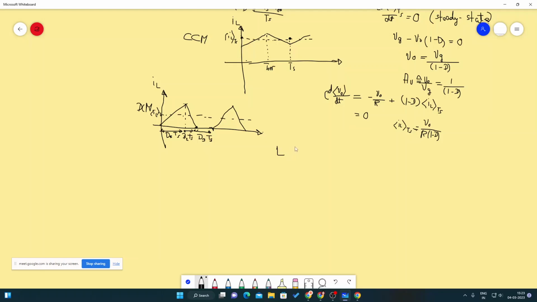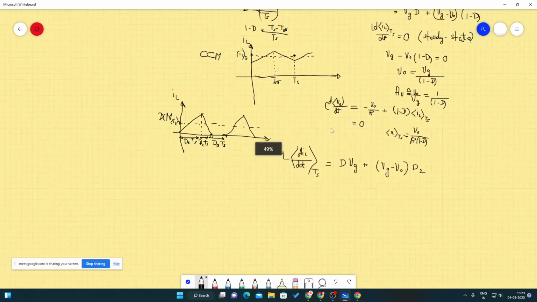So L dIL by dt over TS is equal to, I can write, D times Vg plus Vg minus V0 times D2. We can write this, yes or no? Yes, okay, sir. Now we have to write the expression for the capacitor.